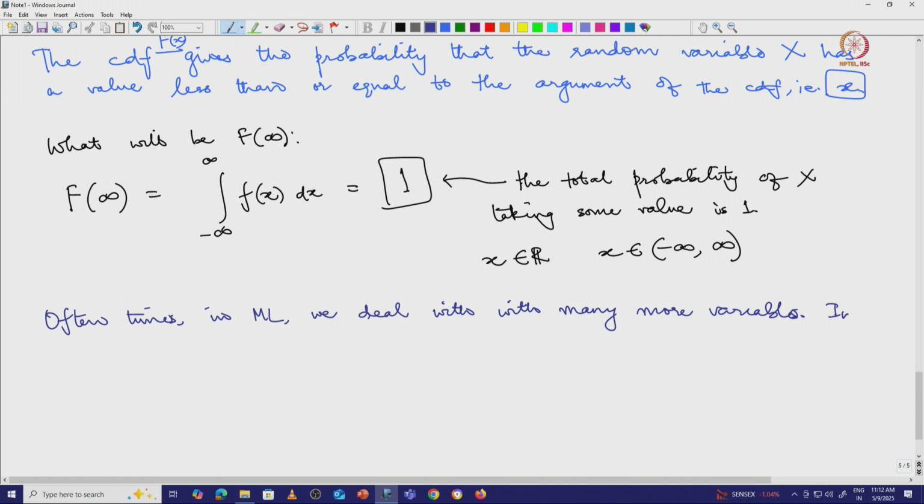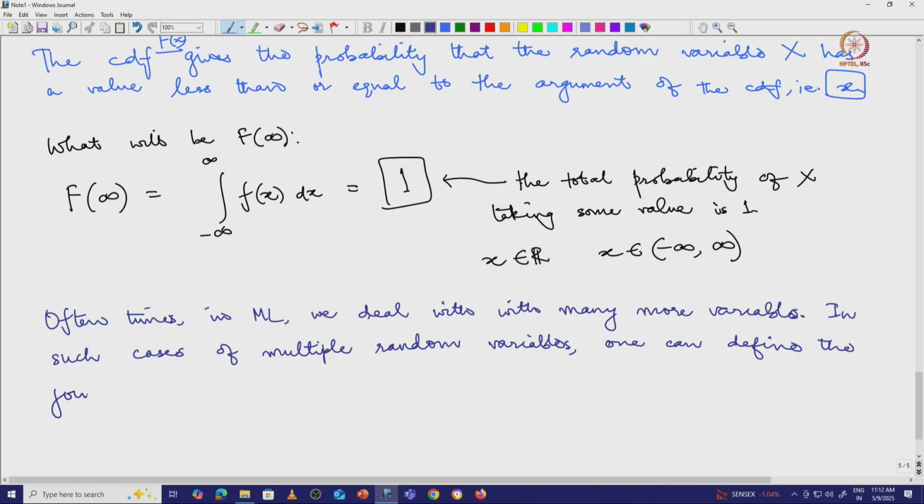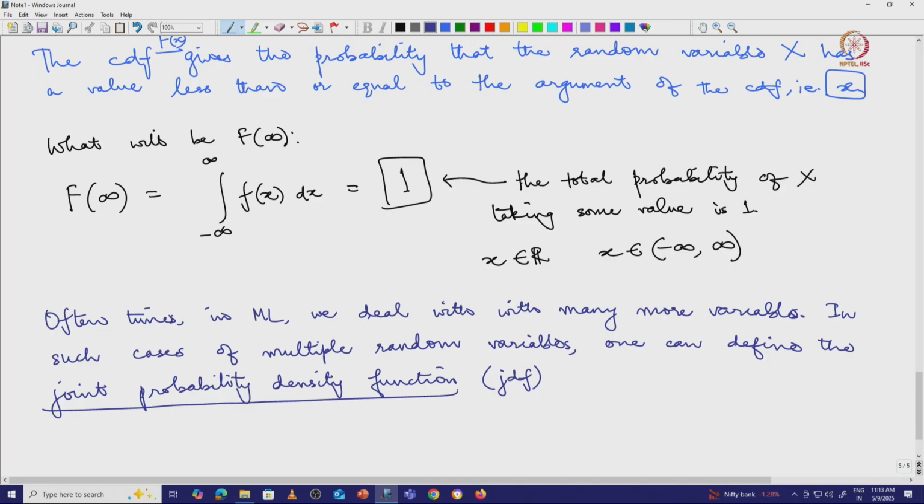In such cases of multiple random variables, one can define the joint probability density function, abbreviated JDF.